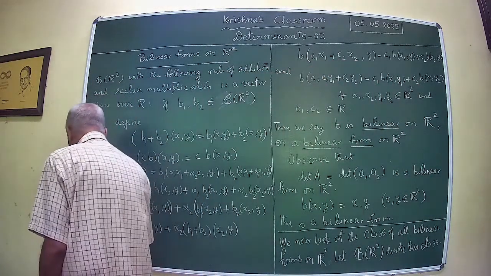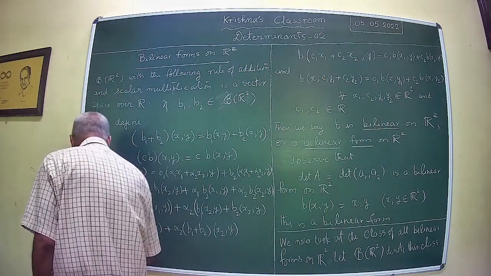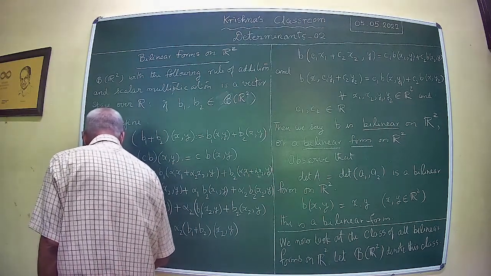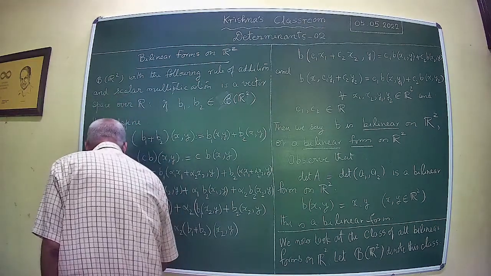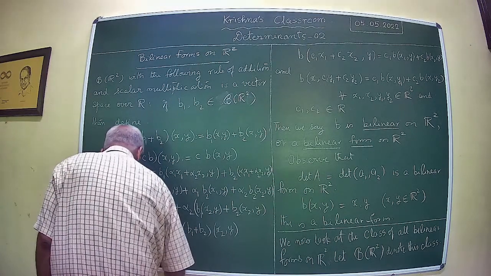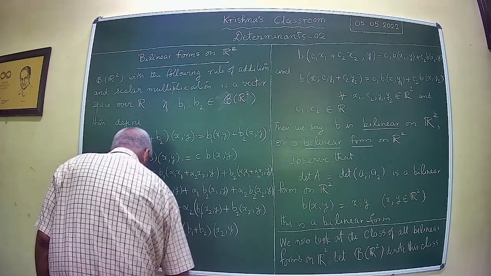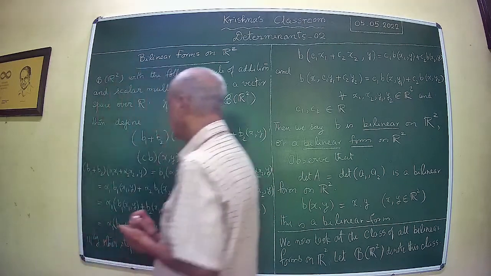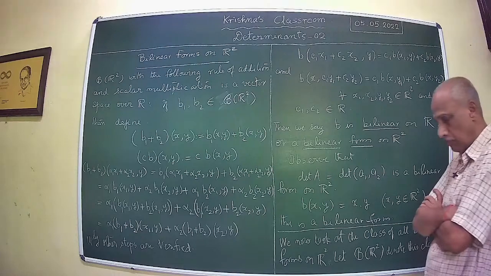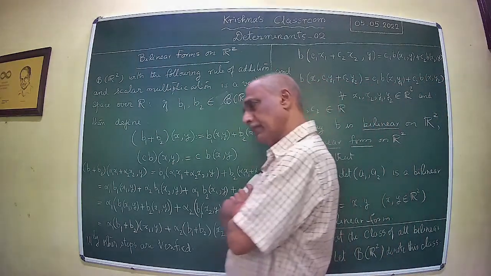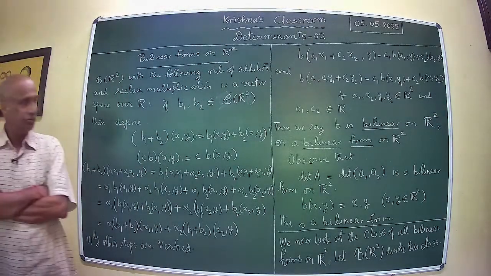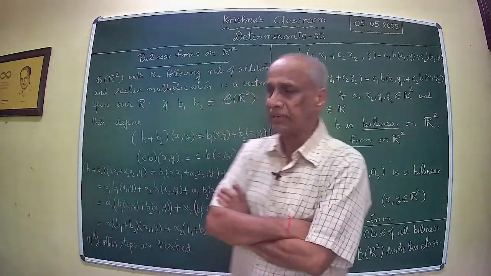Similarly, the other steps follow. Therefore, if B1 and B2 are bilinear forms on R2, then B1 plus B2, defined in this way, is also a bilinear form.